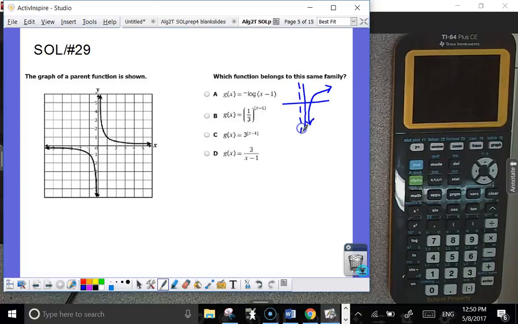Vertical asymptote on the y-axis. What's the effect of the minus in front of the logarithm? It would have flipped it, right? That's a flip. And what's the effect of the minus 1 inside the logarithm? Right. Okay. Well, if I flipped it and moved it to the right one, it still wouldn't look like this, so it's not that. What are the next two?